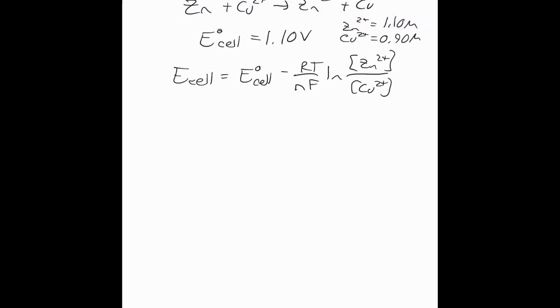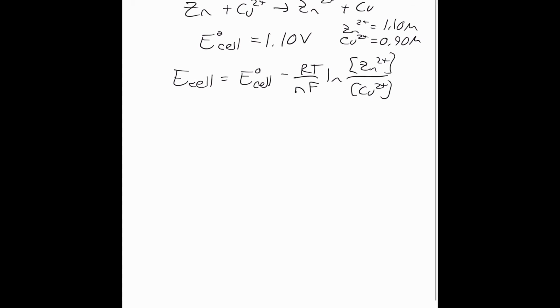Here we have the problem set up. We have our reaction, zinc plus copper 2 plus gives us zinc 2 plus plus copper. We have our standard cell potential, which we solved in the last video, of 1.1 volts. So it's a spontaneous reaction, and that's in our standard conditions where the zinc 2 plus and copper 2 plus are 1 molar.